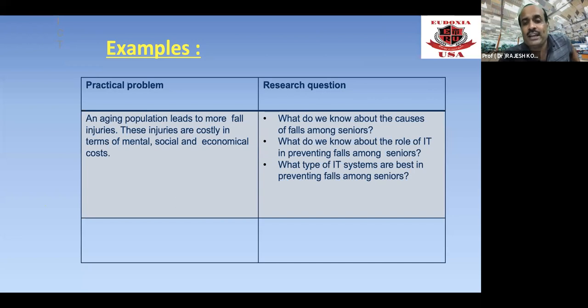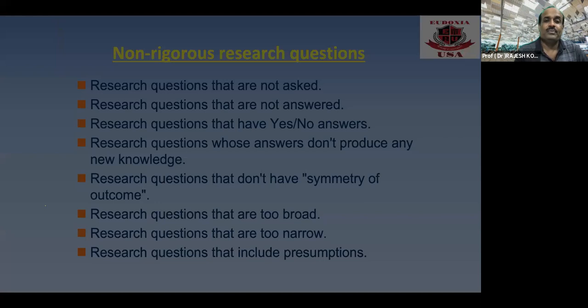So how can we construct the research problem? What do we know about the causes of falls among seniors, why they fall? What do we know about the role of information technology in preventing falls among seniors, whether IT systems will help prevent the falls?